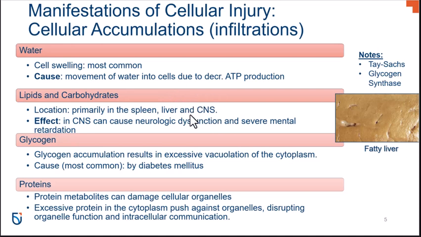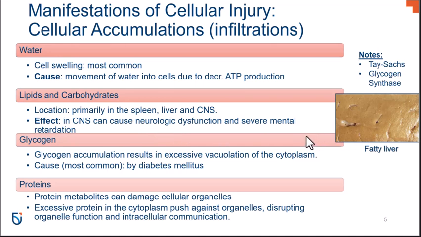Central nervous system being the brain and spinal cord. And so as you can imagine, if you have accumulation within the CNS of these substances, it can lead to neurologic dysfunction, can lead to severe intellectual disability.